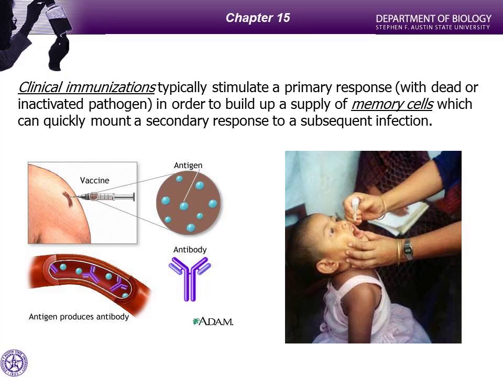Now, we don't always call them immunizations. We often call them what? Vaccinations. Do you know where we got this word vaccination from? Vacca means cow in Latin. And back in the day of smallpox, this brilliant doctor said, you know what? The women that are milking the cows don't die. They get the pox, but they don't die.